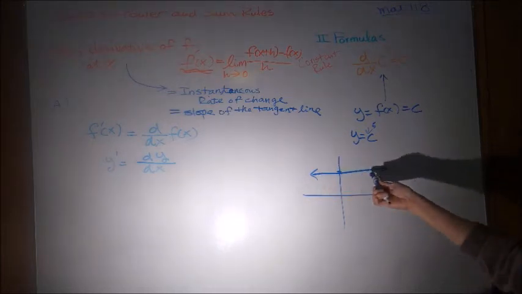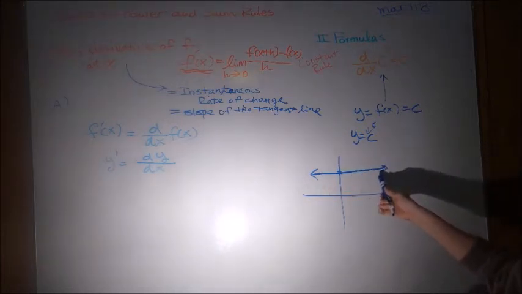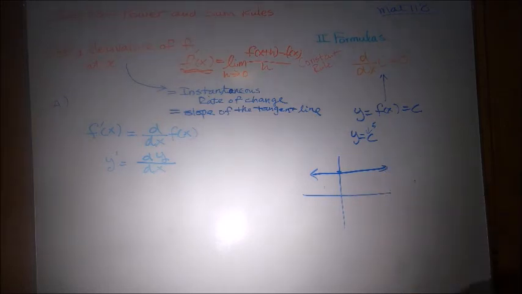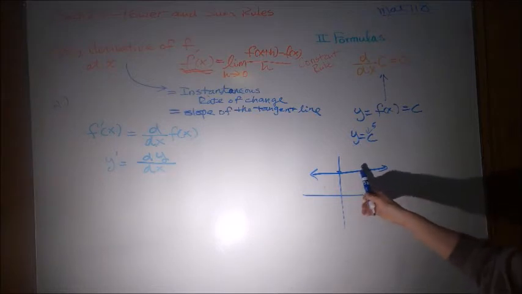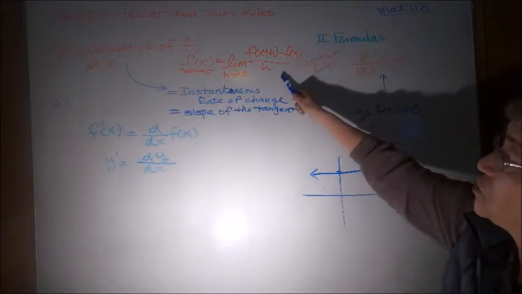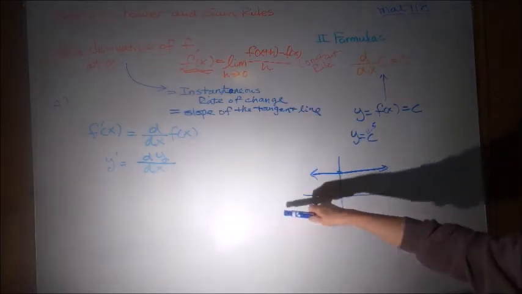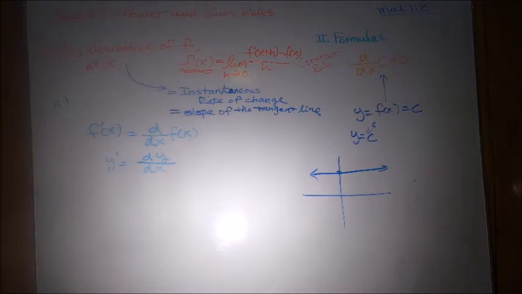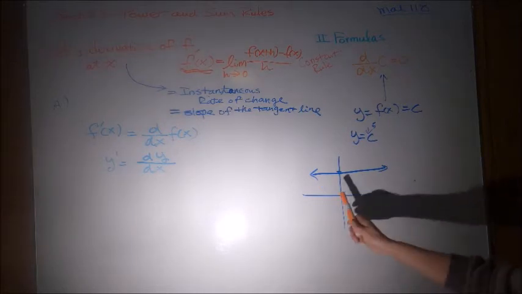So y equals 5 is this line. And what do you think the derivative is? From the definition, we are going to show you how it gets here, okay? Another one from the concept.